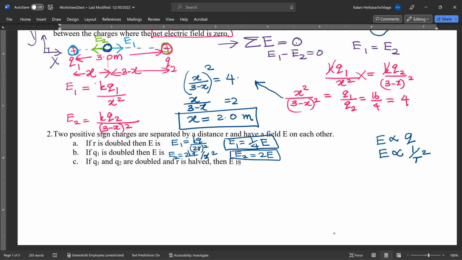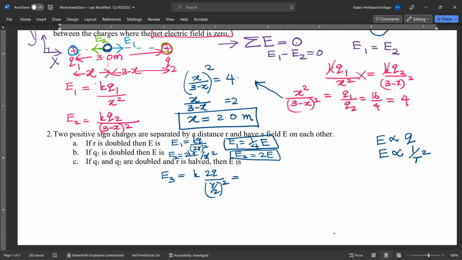So now part C, if Q1 and Q2 are both doubled and r is halved, then your E is. So now you're going to double both charges. That means I have k, 2Q. Q1 and Q2 are doubled, but you know the other charge does not affect anything. So 2Q, and you're going to divide by the distance, but r is half now, (r over 2) to the power 2. So now what will happen to this one?